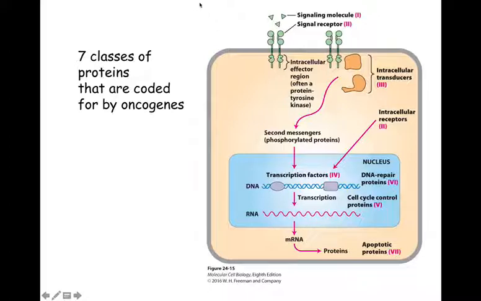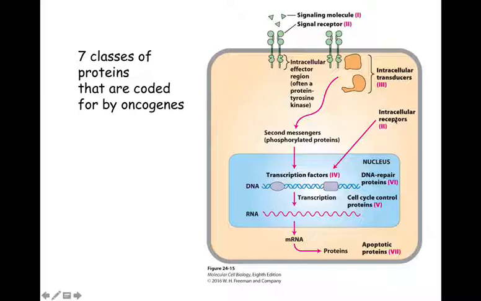So you could have oncogenes that produce the signaling molecule, the hormones that we've talked about, the first signal. We have oncogenes that code for the signaling receptor. We can have oncogenes coding for the intracellular transducer, what happens after the receptor dimerizes, for example, or the receptor binds its ligand.